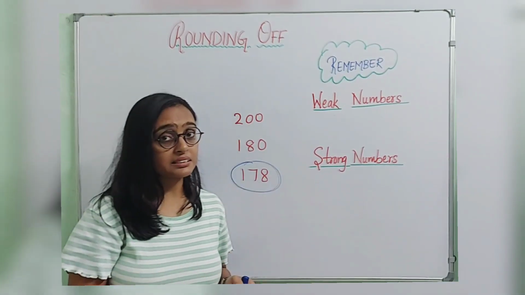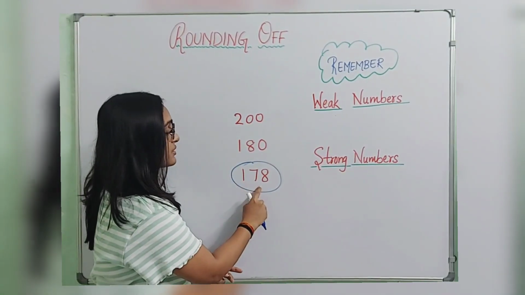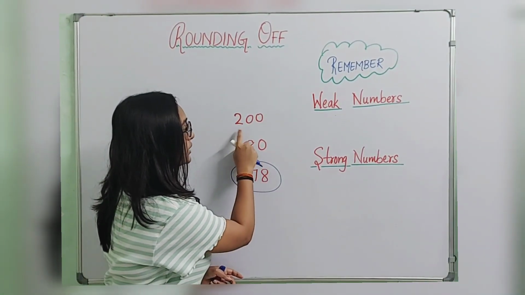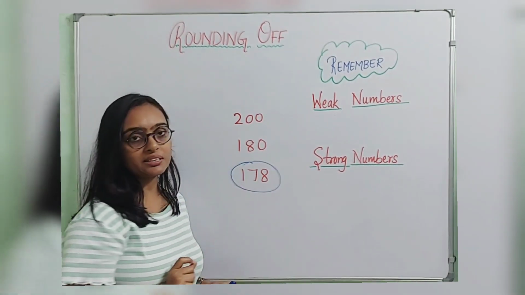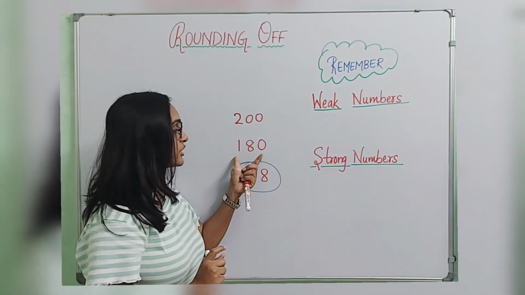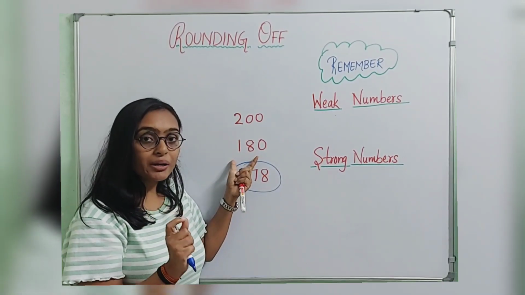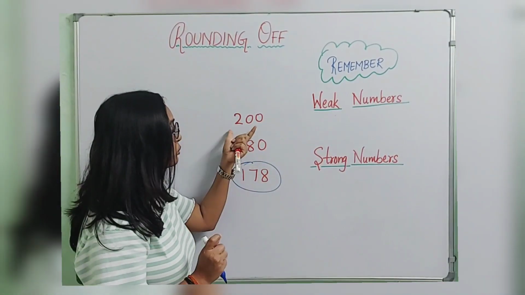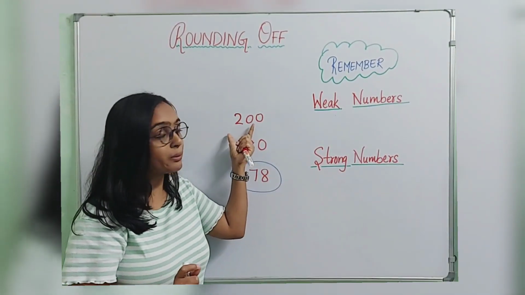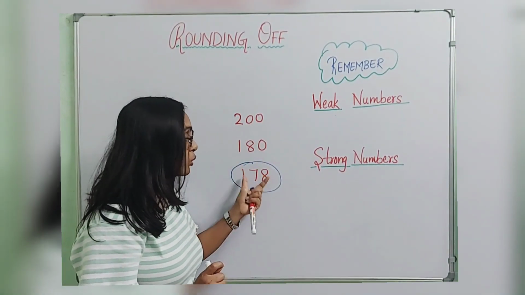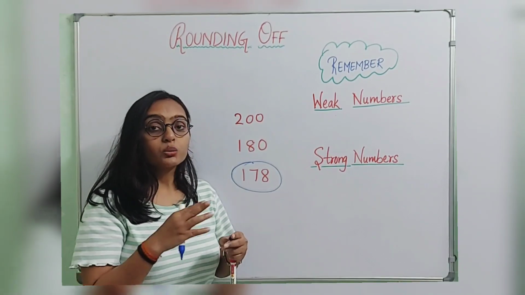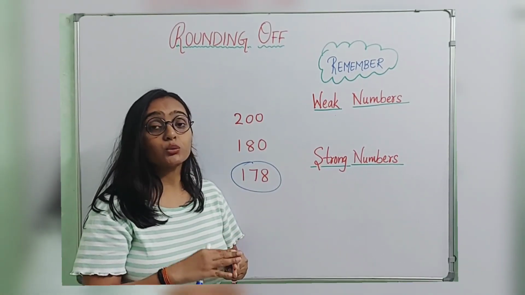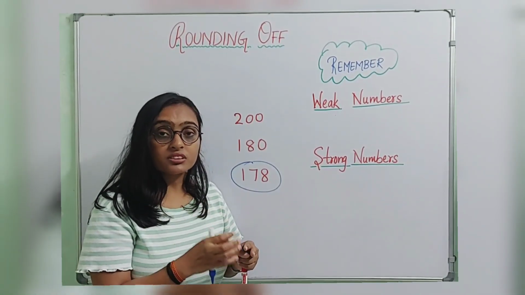So here in this example, 178, 180 and 200: 180 is the nearest value to 178. So 180 is said to be nearby to the exact value, and 200 is also a rounded value, but it is not close to 178. So whenever we round a number to the nearest tens, it gives you the nearest approximate value.